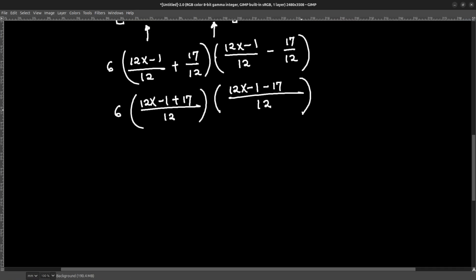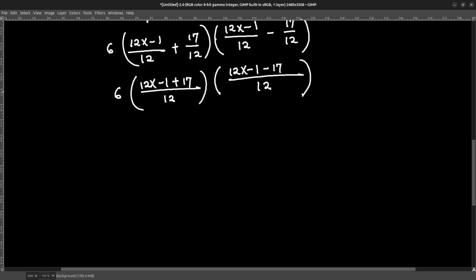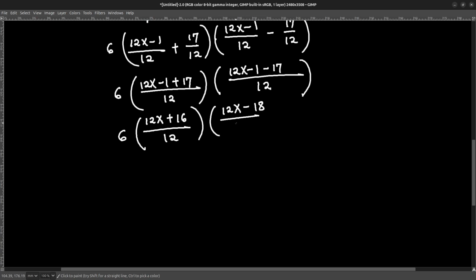Okay, so this is the same as 6, and then we have 12x minus 1 plus 17 gives you plus 16 over 12. And then for the second one, we'll have 12x minus 1 minus 17 gives you minus 18 over 12.